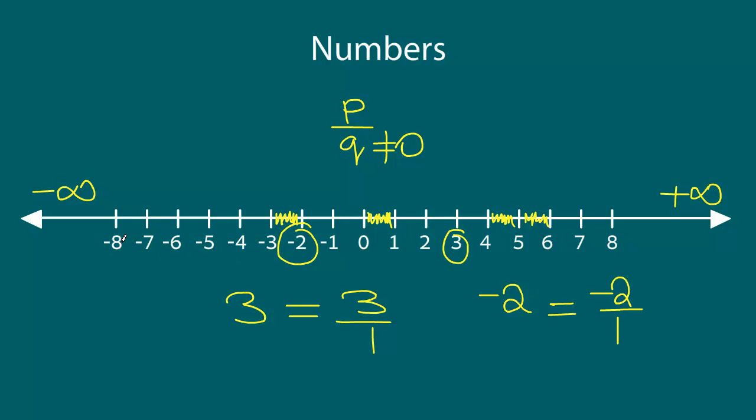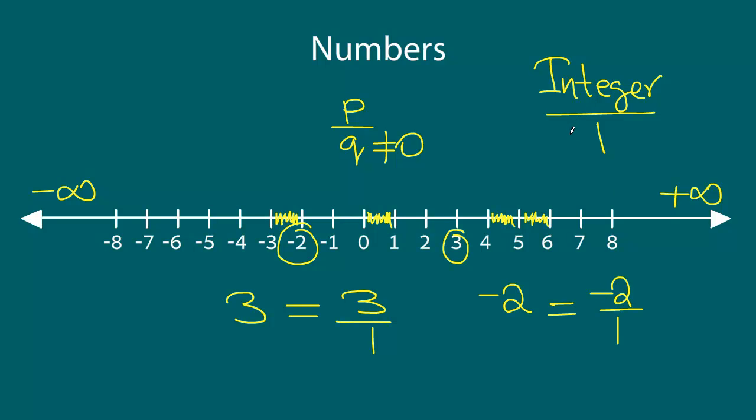So, all of these integers, you can write them as that integer divided by 1, and 1 is also an integer. So why am I trying to write all of the integers in this form?